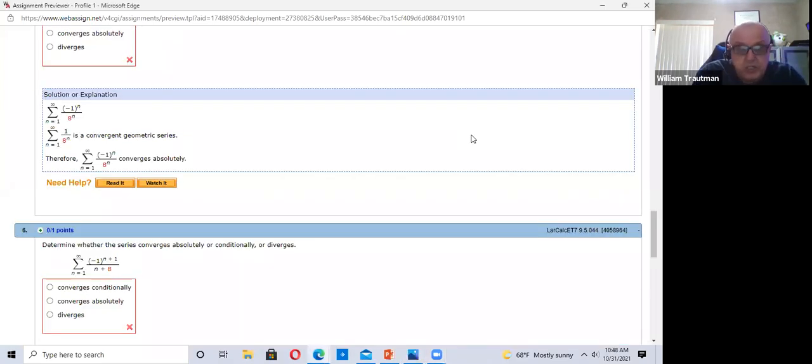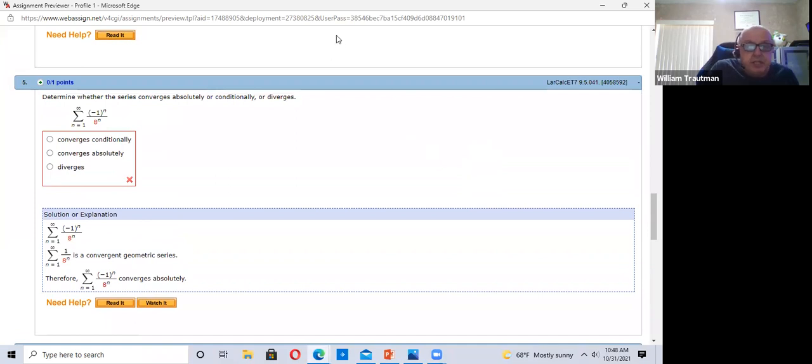Okay, in question 5, if we look at the alternating series test, each number gets smaller and smaller as the n's increase. So that passes. If you take the limit as n approaches infinity, this approaches 0.